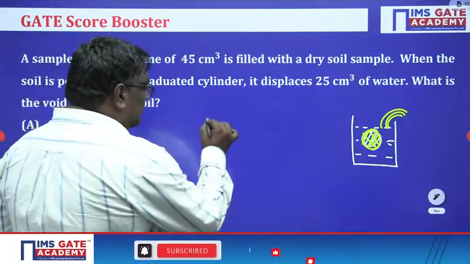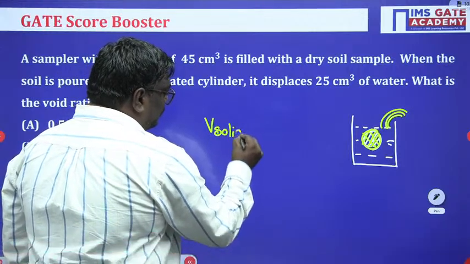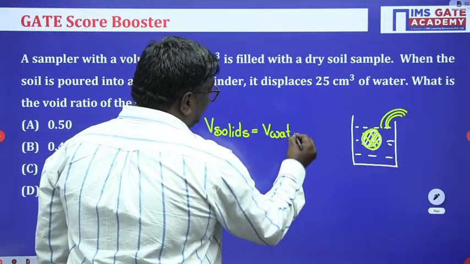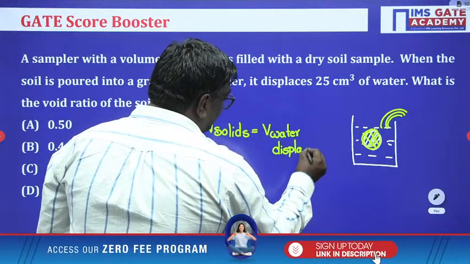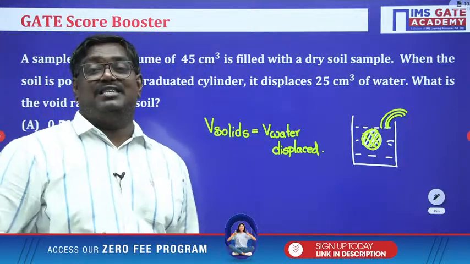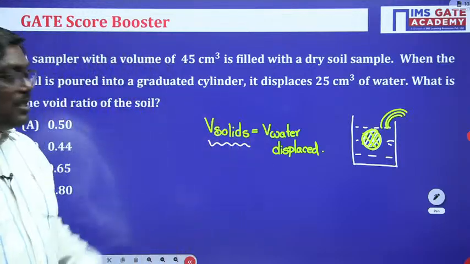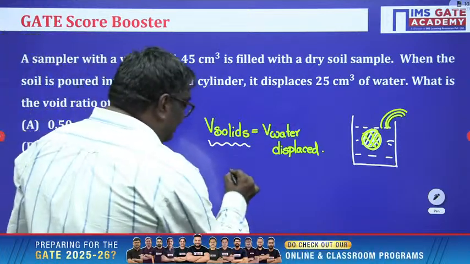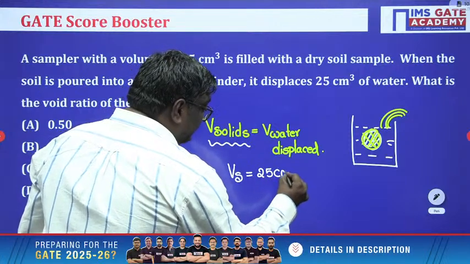So, here volume of solids is equal to volume of water displaced. The volume of water displaced is nothing but 25 centimeter cube. So, Vs is equal to 25 centimeter cube.